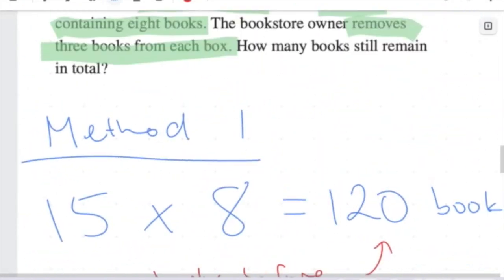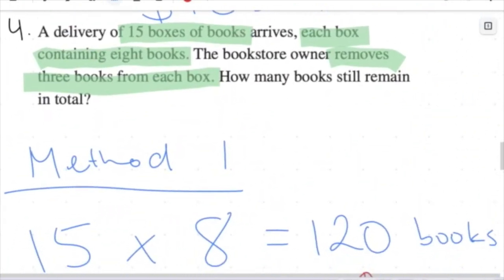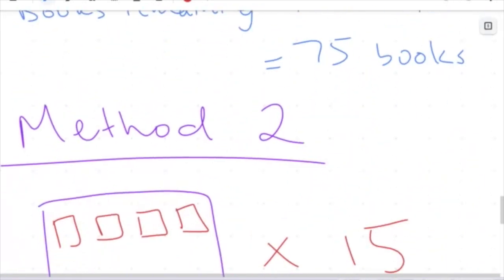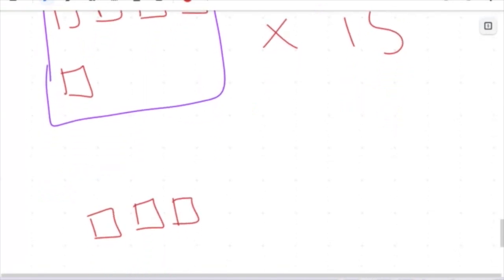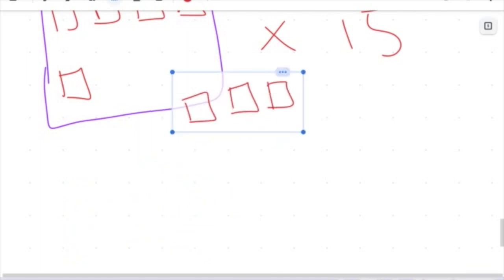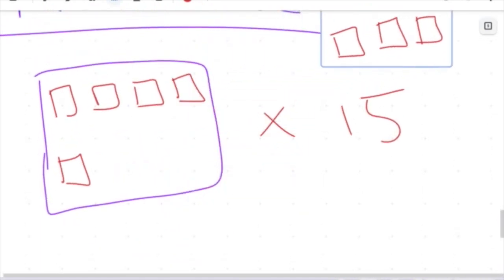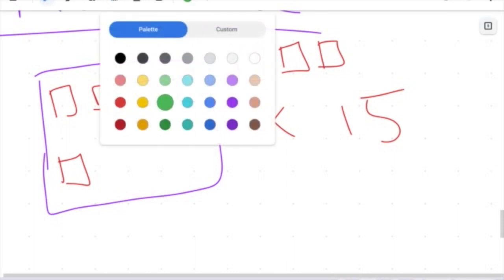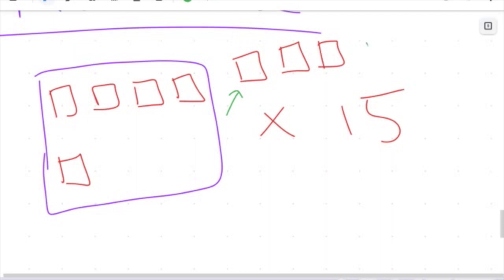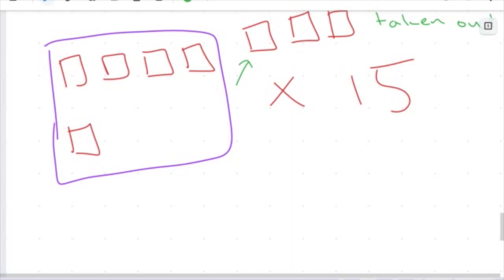Because look, we're told a delivery of 15 boxes arrived, each box contains 8 books, and then 3 books are removed from each box. So we can actually come up with a new expression. Because after these got taken out, these books got taken out. These books were taken out. And we have our remaining ones in here.